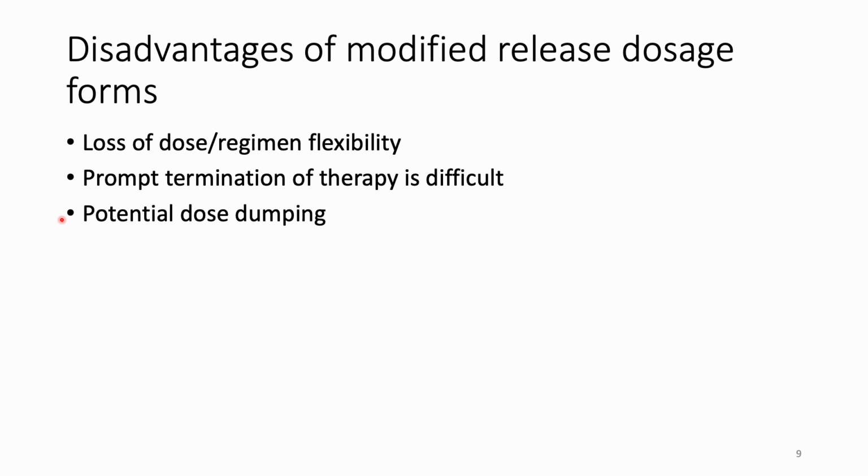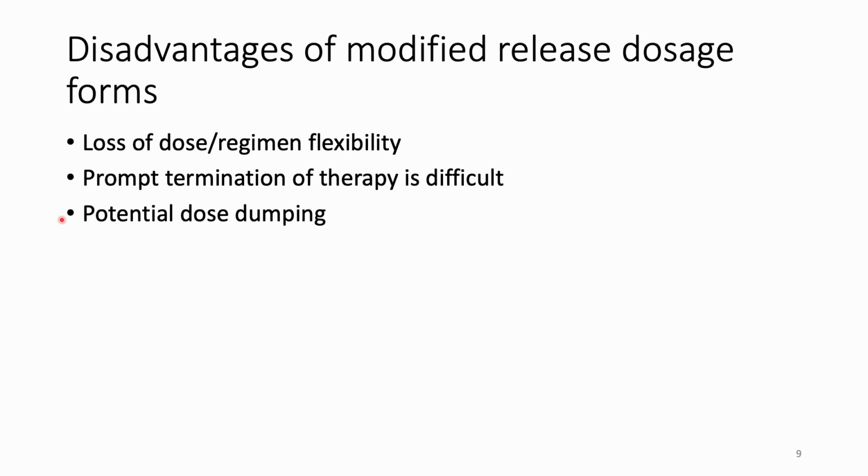The drug was supposed to be released and maintain a release within 12 hours. But for some reason, the whole dose can be dumped or released in the body within a couple of hours. So in this case, the drug concentration will increase more than expected, and it can cause toxicity.